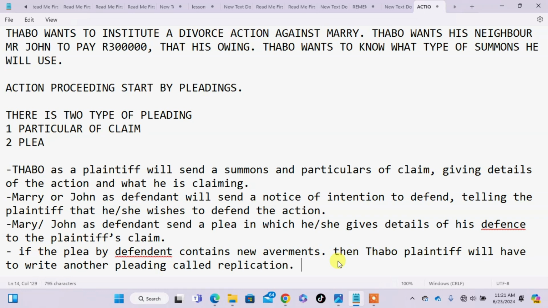Now, you understood. I hope that you understood everything about the pleadings during the action proceedings. Replication is only written when there's a new argument from the defendant's plea. Then the plaintiff will have to write a new argument in which she agrees with or opposes the new arguments. There are other pleadings that are written, such as a rejoinder, surrejoinder, or all other pleadings.